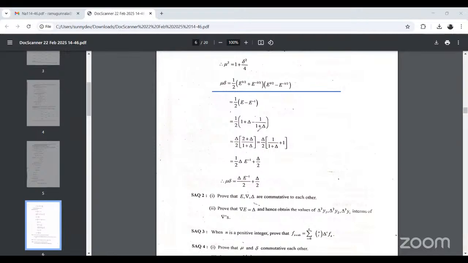If we take the LCM, so 2 plus lambda by 1 plus lambda, and that is lambda by 2 and 1 by 1 plus lambda plus 1. So 1 by 2 lambda into e power of minus 1 plus lambda. So we can get mu into lambda equal to lambda into e power of minus 1 by 2 plus lambda by 2. Okay, so this is the one.